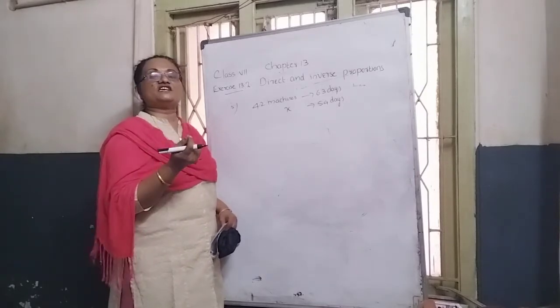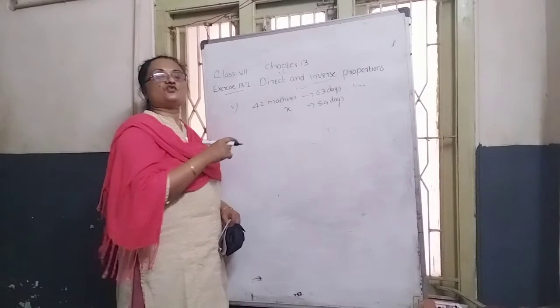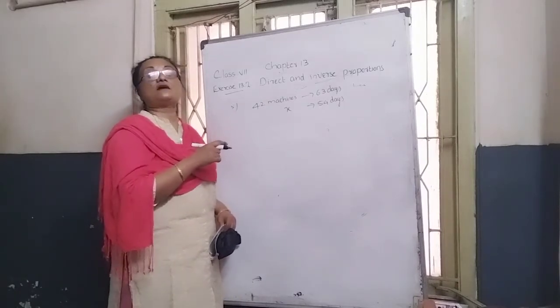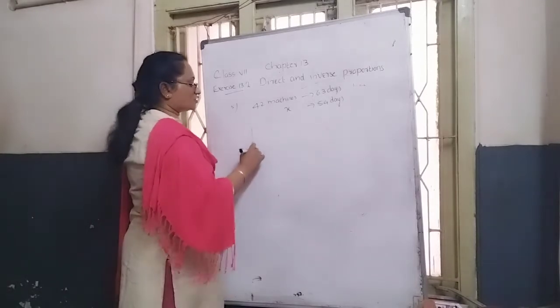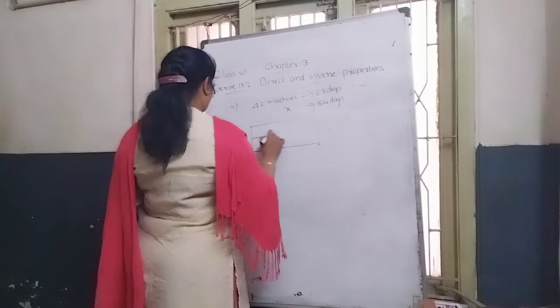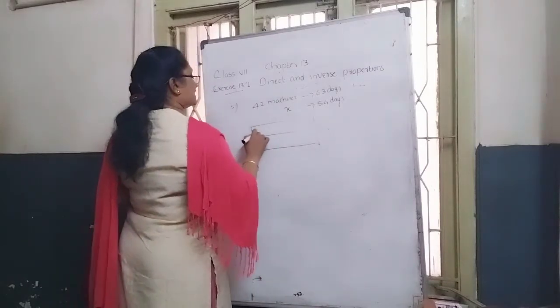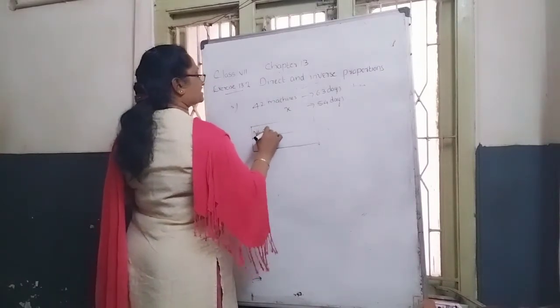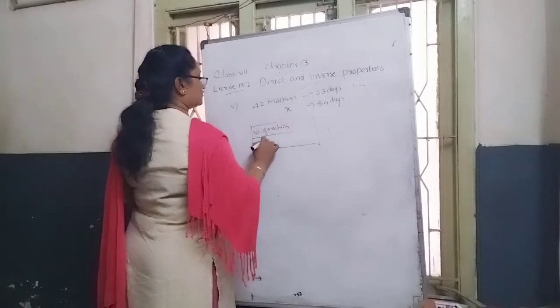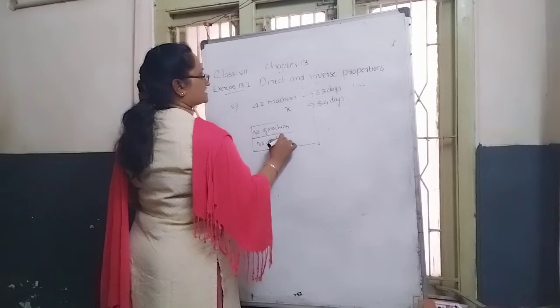So how many machines are required for completing within 54 days? There also we can draw a tabular column, divided into two columns. In the first column we write the number of machines, and the number of days on the second.